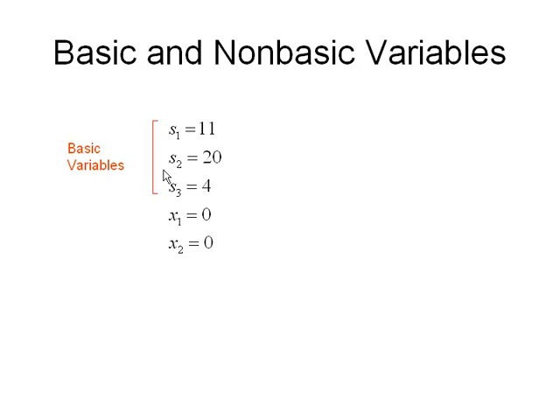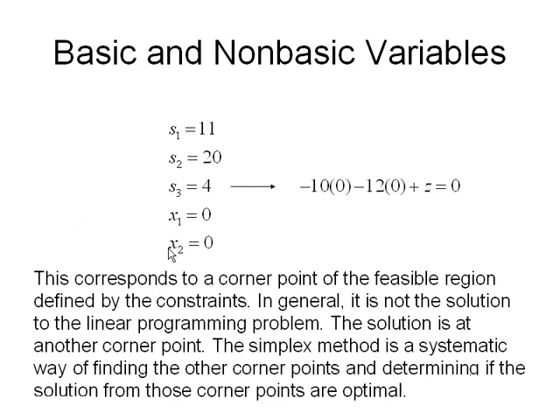So what I have now is that s1 is 11, s2 is 20, s3 is 4. S1, s2, and s3 are my basic variables. The non-basic variables are the ones that I set equal to 0, x1 and x2. If I take those values and put them back into my objective function, I get minus 10 times 0, minus 12 times 0 plus z equals 0.